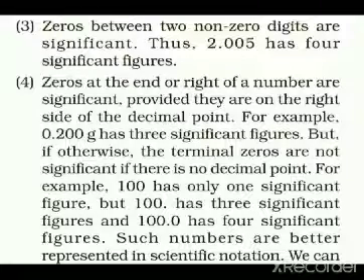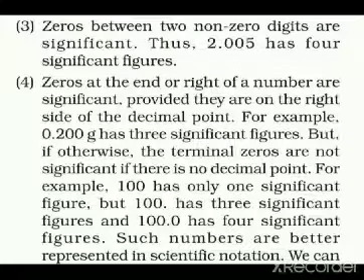But what about the two zeros placed after the digit 2? Those two zeros are significant. Why? Because they are on the right side of the decimal point. So those two zeros are significant along with the non-zero digit 2. So how many significant figures are there in the number 0.200? There are three significant figures.